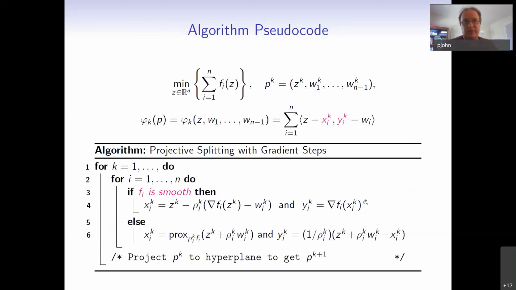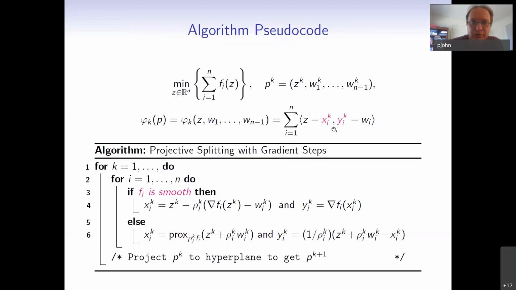It's probably a good time to just go through the pseudocode and show how the whole thing works. So we have an optimization problem. This is our algorithm. It produces a primal point zk and then a bunch of dual variables as well. And the goal at each iteration is to make this a good separating hyperplane. Now this phi-k parameterizes the hyperplane.